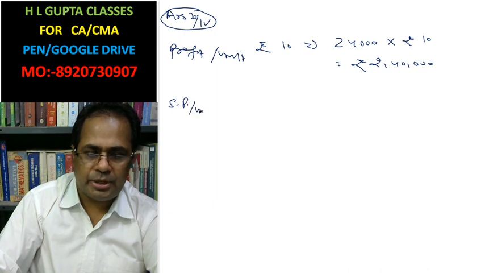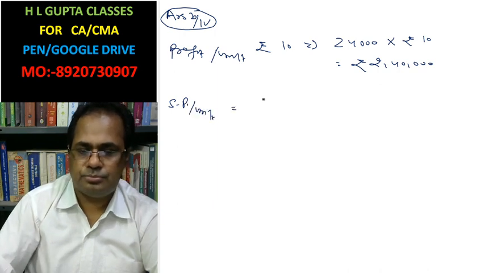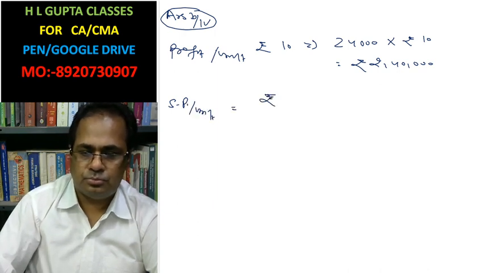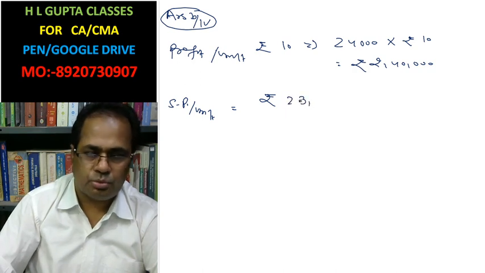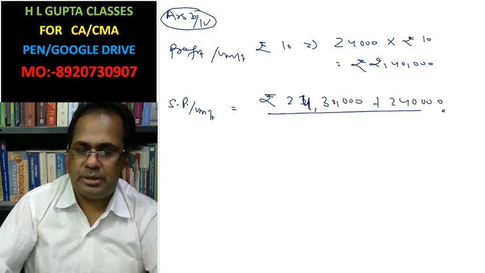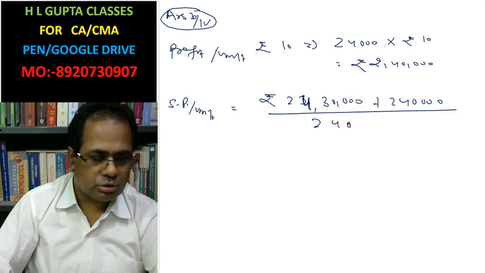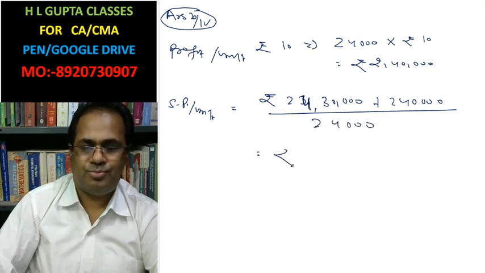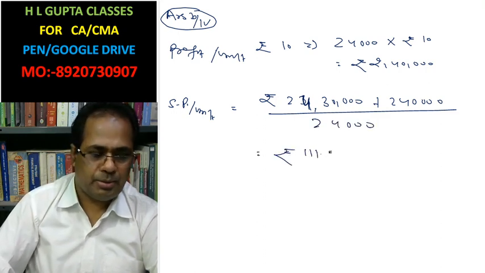Selling price per unit in this case: rupees 24,30,000 plus 2,40,000 divided by 24,000, 111.25.